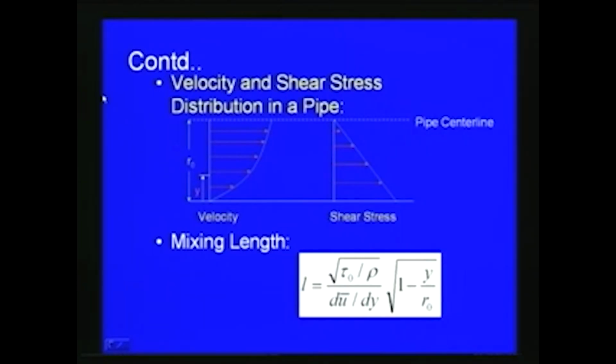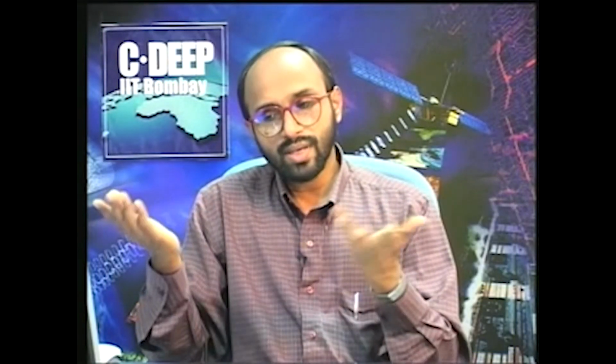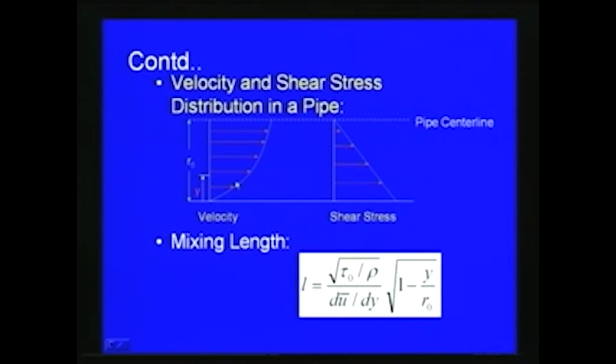So, if you consider the parallel flow, even the pipe flow as shown in this slide here, you can see that R0 is the radius of the pipe, and y is taken from the bottom of the pipe, and velocity can be plotted like this.